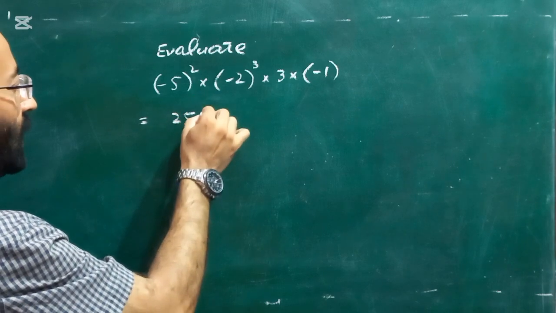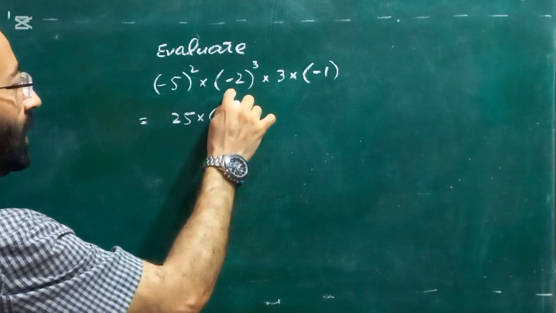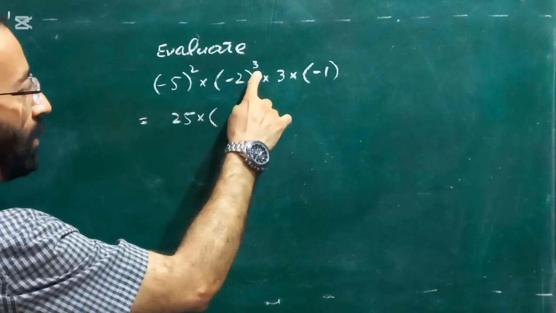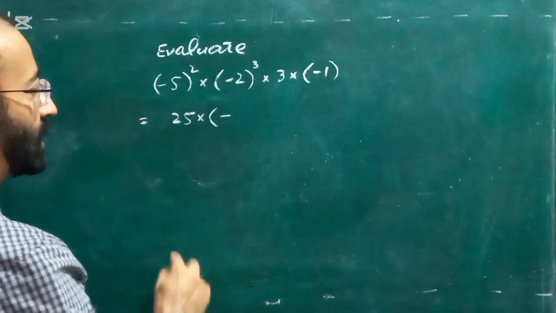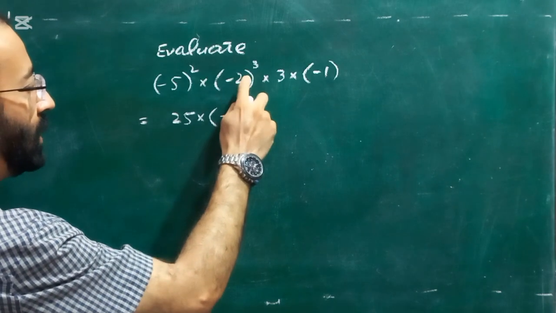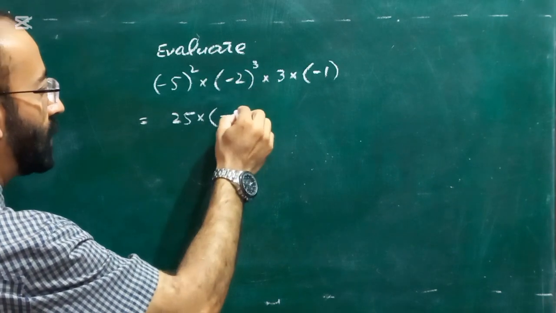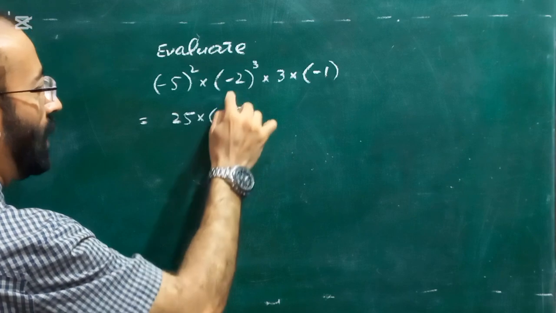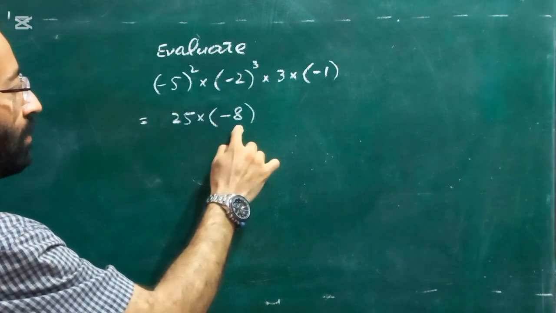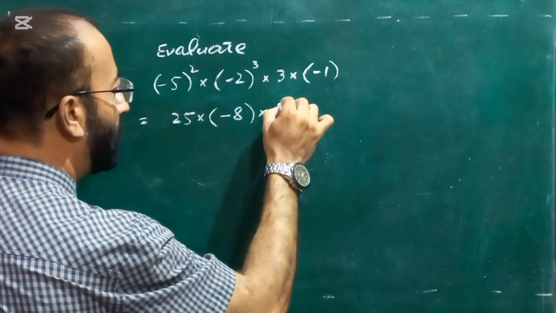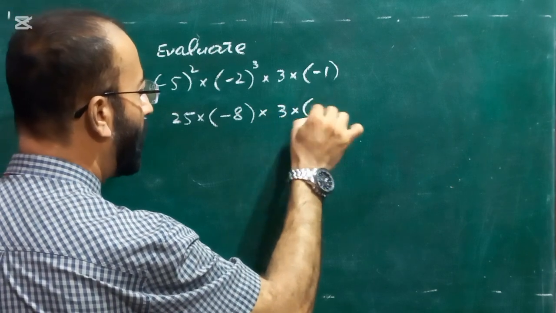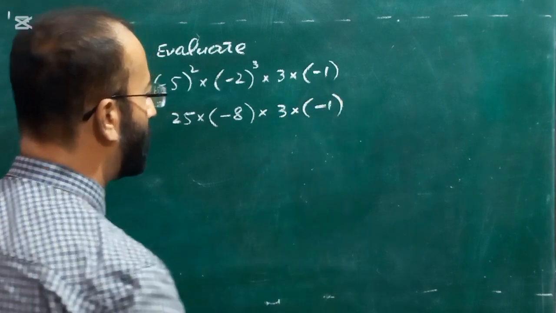So look here now, in this bracket, the power is odd, so first the minus sign will come out as minus. So 2 cubed, now 2 twos are 4 and 4 twos are 8. So look now, minus 2 cubed, answer is minus 8. This minus 3, this plus 3 and minus sign will remain as it is.